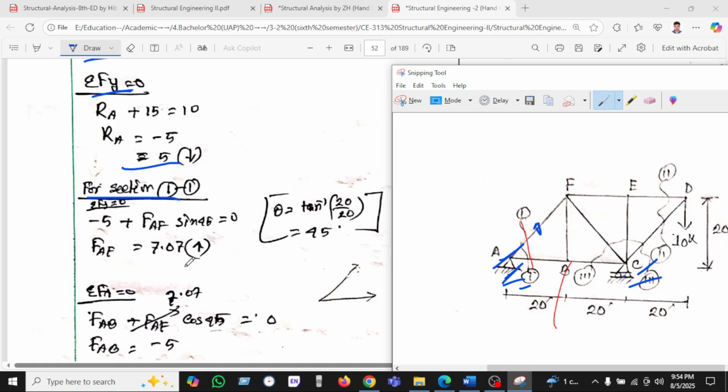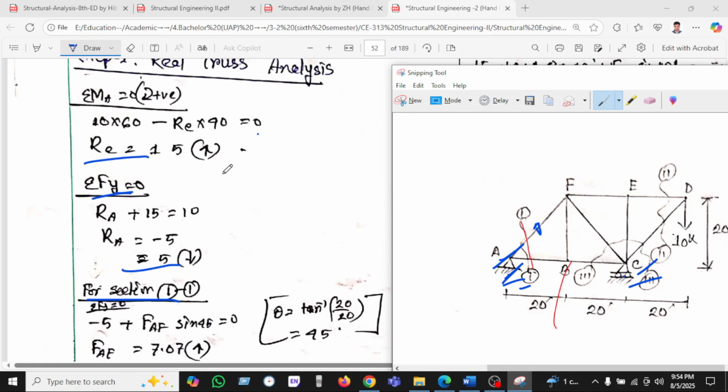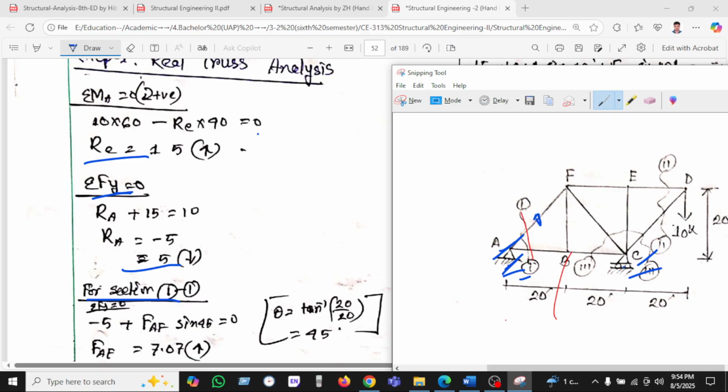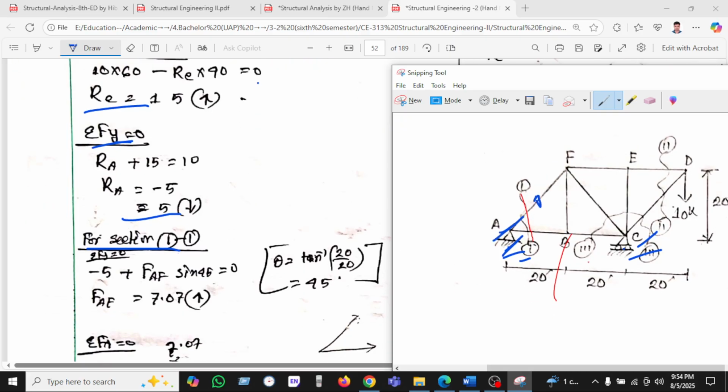So we are finding RC and RA downward, as we have seen here. So RA is downward. Sorry, the 5 is given downward, so the member will be upward.